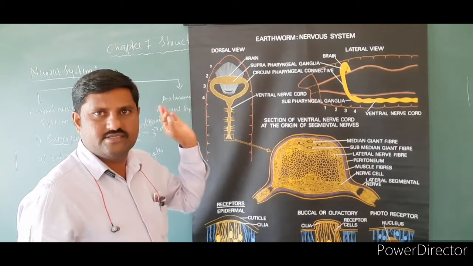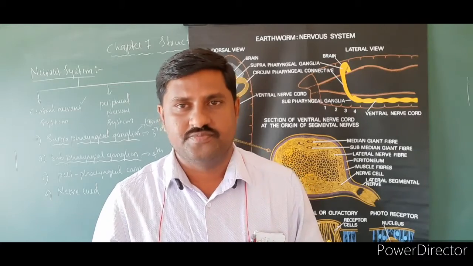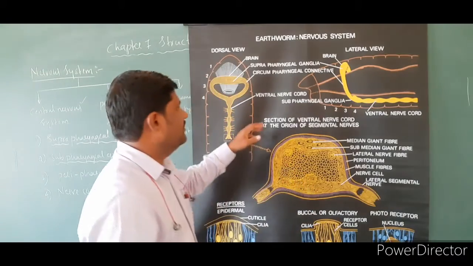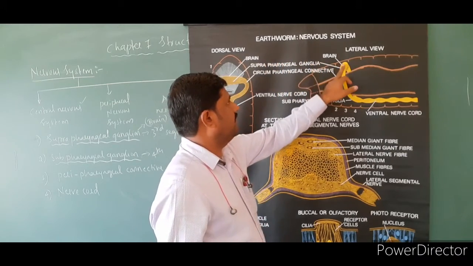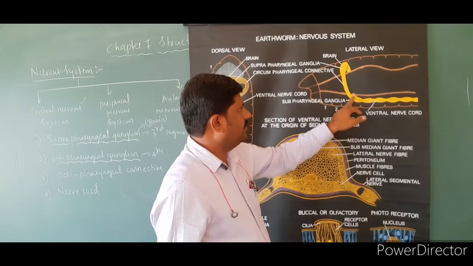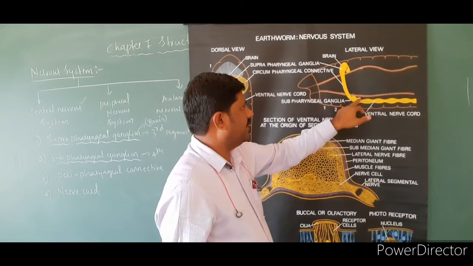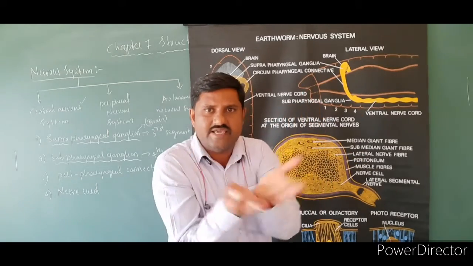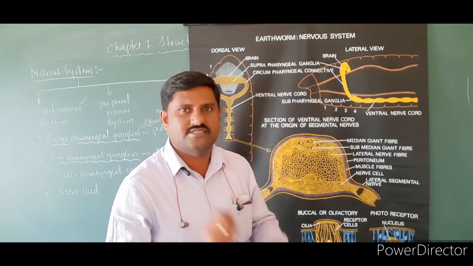So this totally forms the central nervous system, right? First of all, let us see: this brain or suprapharyngeal ganglion is connected with the subpharyngeal ganglion with the help of the peripharyngeal connectives, making a ring-like structure, and that ring-like structure is called the nerve ring.